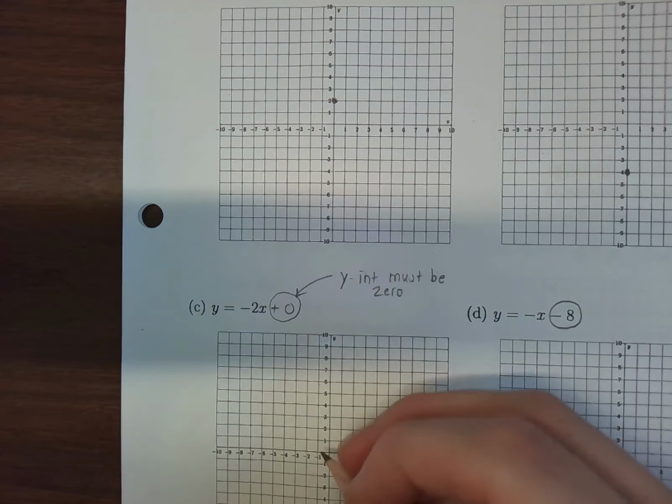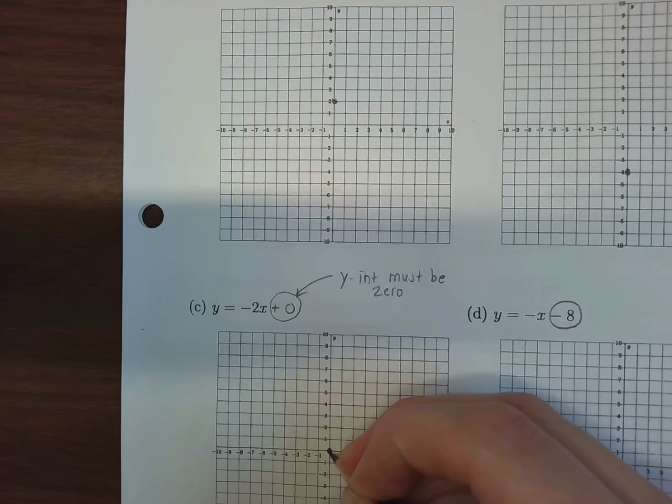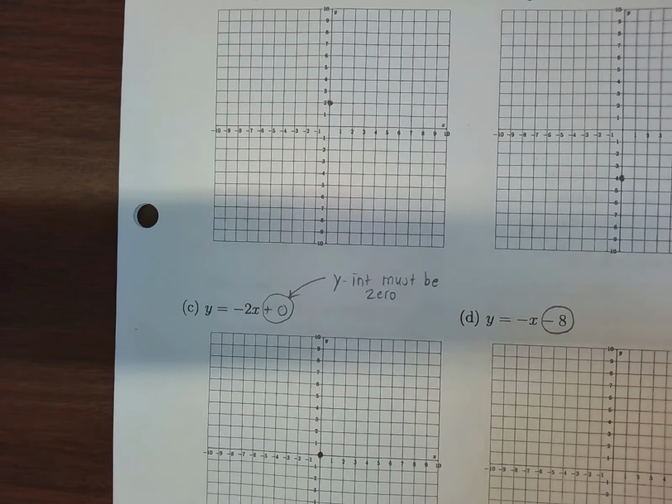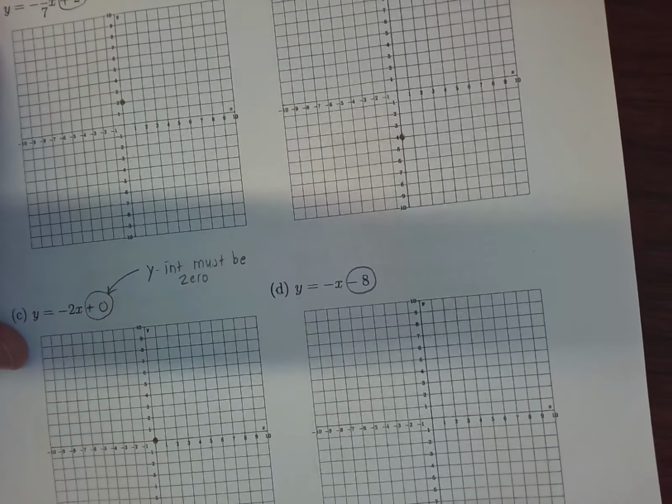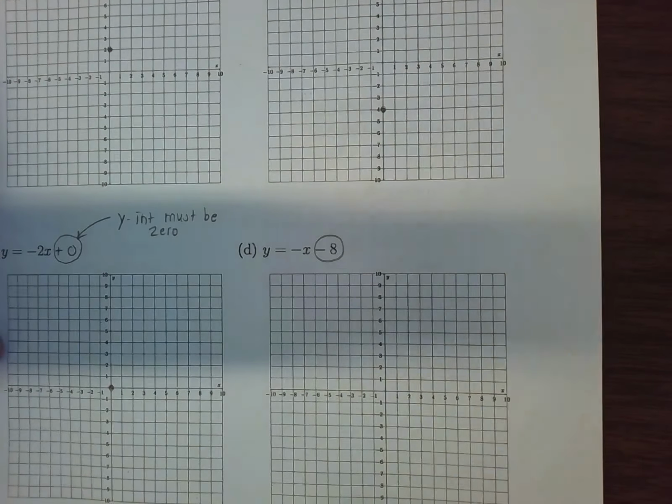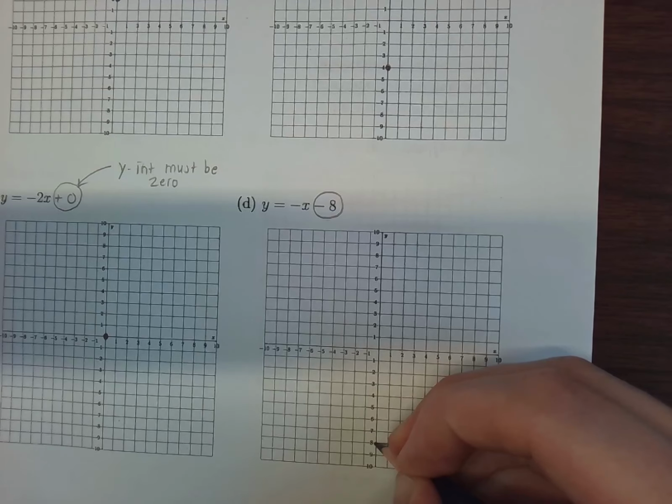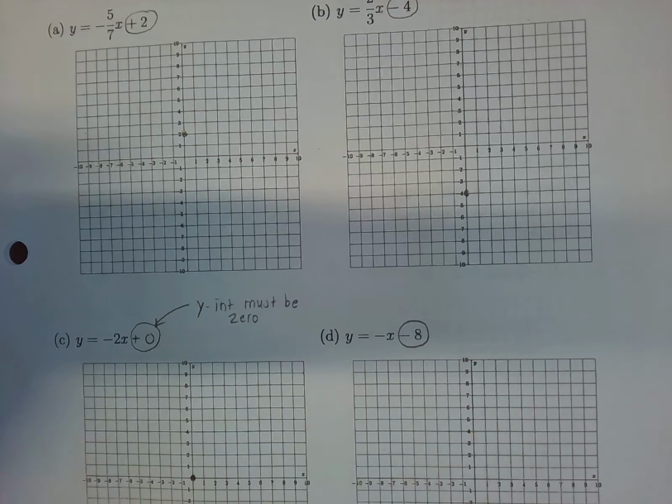Here, I'm going to cross the vertical axis, or the y-axis, at 0. And here, I'm going to cross the vertical axis at -8. So that's literally half of the battle.